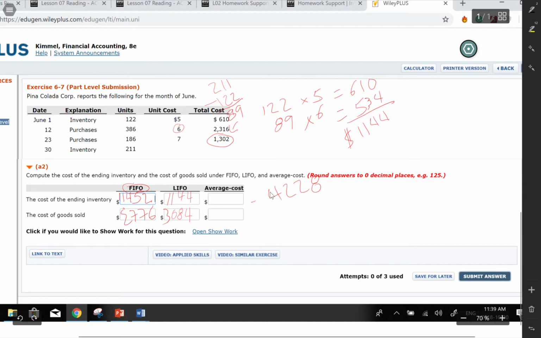Now we have to figure out the same calculations under the average cost, which are totally different than under FIFO and LIFO rules as well.